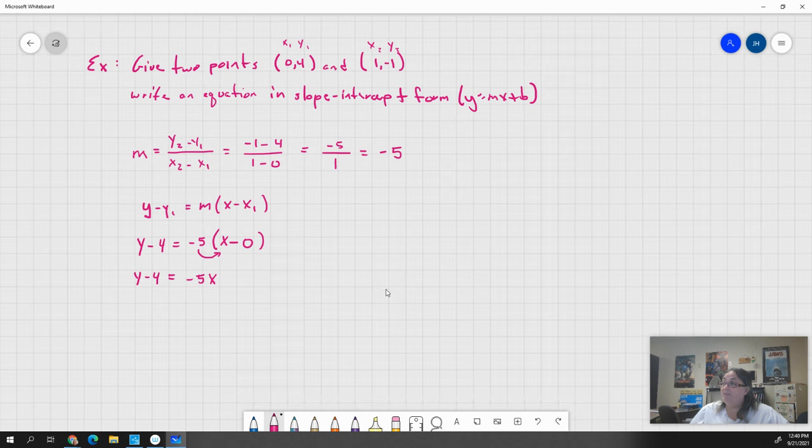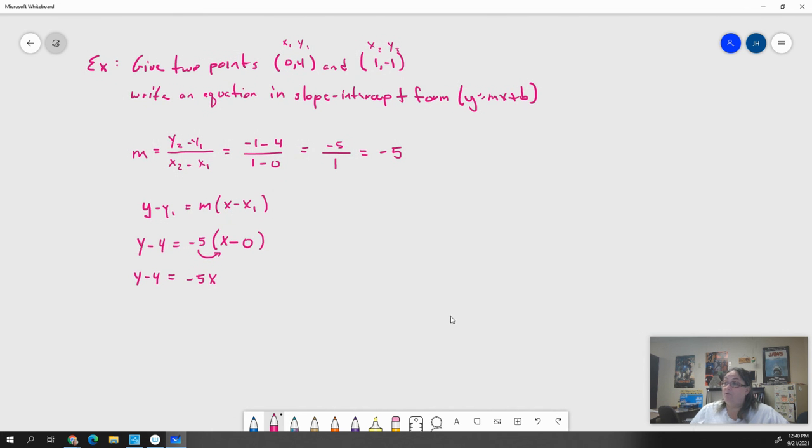And the only thing I have left to do is to move this 4 off the y, and I apologize that those both look like y's or both look like 4's, but one of them is a 4, I promise. And we're going to add 4 to both sides. And I'm going to get y equals, I can't combine these together, right?